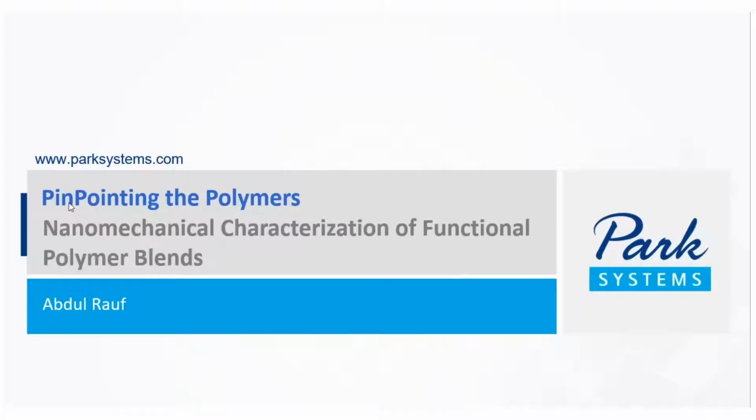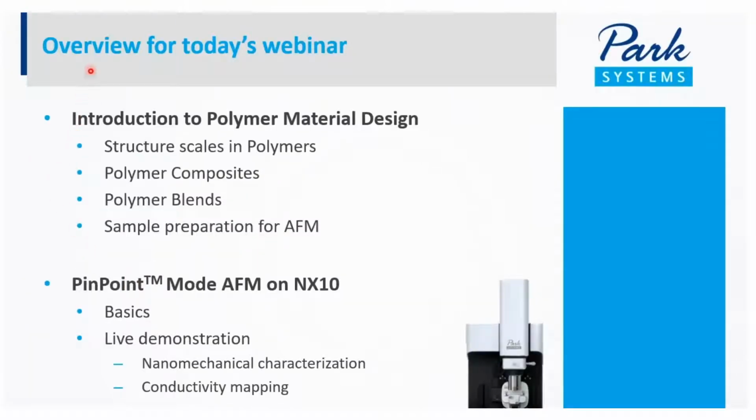As Jacina already pointed out, I will be talking about pinpointing the polymers and nanomechanical characterization of functional polymer blends. So the overview of today's webinar is I will start with the introduction to polymer material design, some of the applications, structure scales in polymers, and then I will talk about the two most commonly used classes of polymer materials, namely polymer composites and polymer blends.